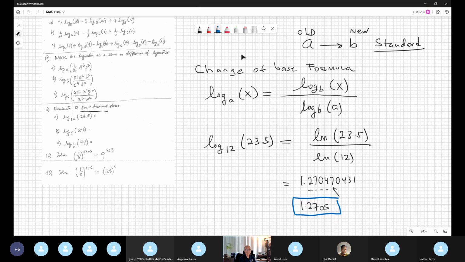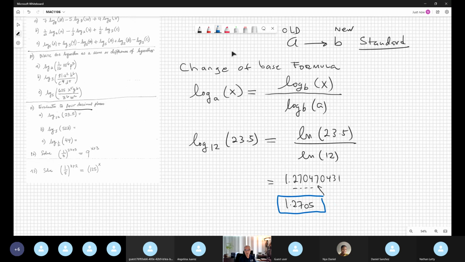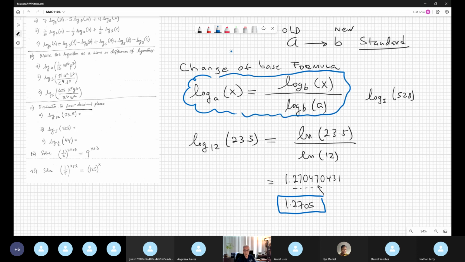B is logarithm base 5 of 528 using the formula. What formula? That formula, change of base. And the C problem is logarithm base 1/2 of 44. If you have some problem with the 1/2, you can put 0.5, it's the same.